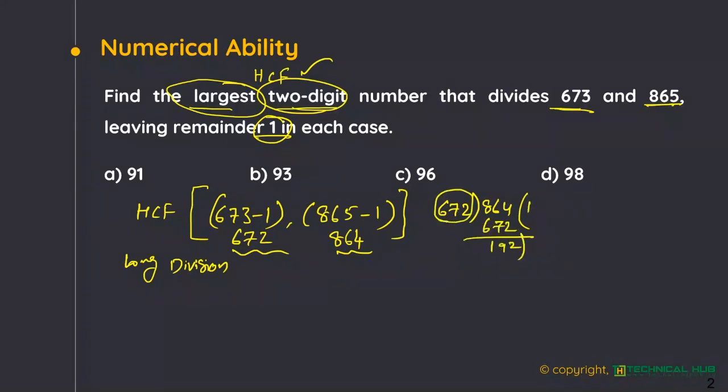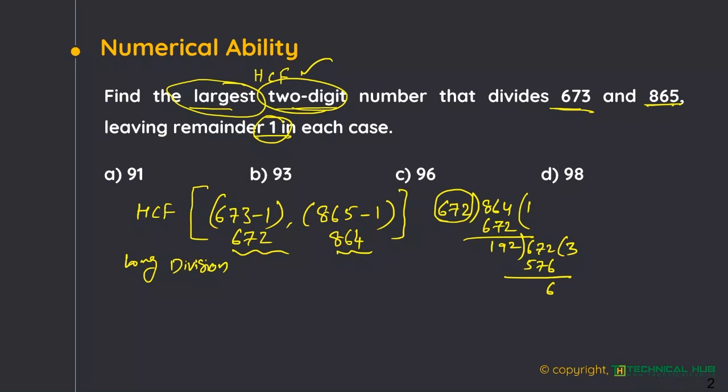Your previous divisor is 672. 672 divided by 192. Here it is 3 times. 192 threes are 576. Here what is the remainder? 672 minus 576 is 96.